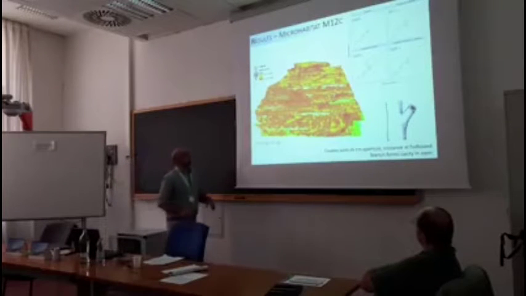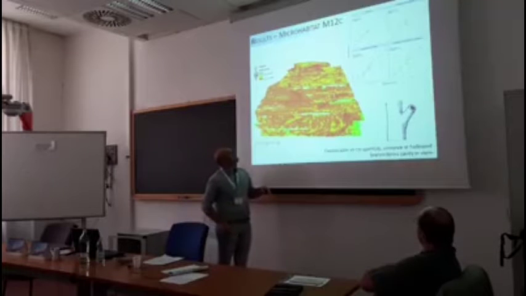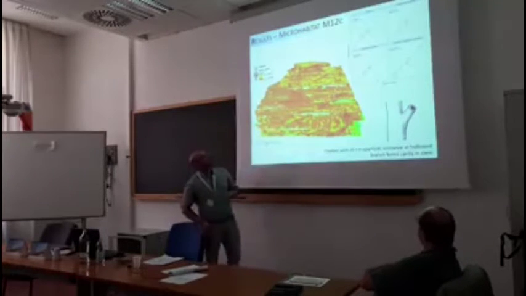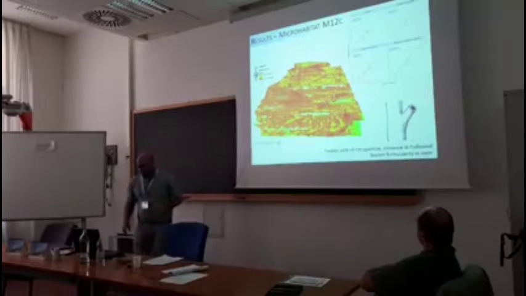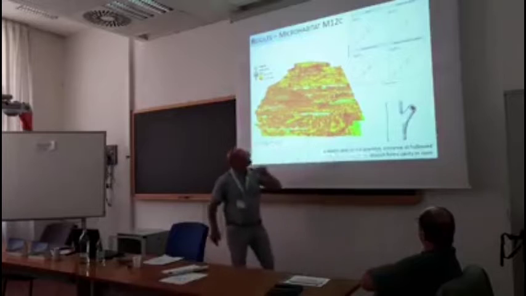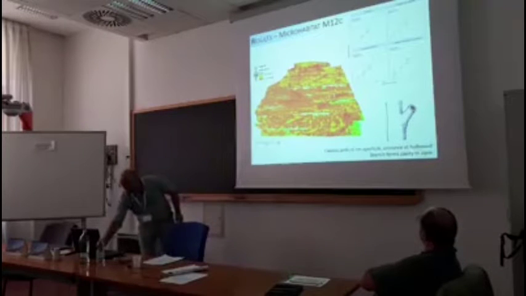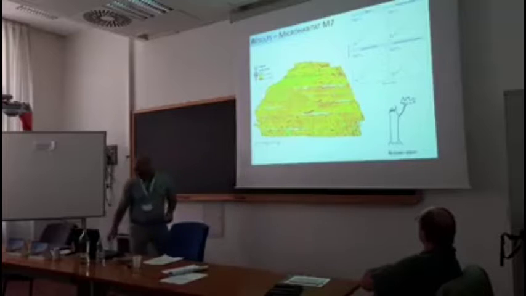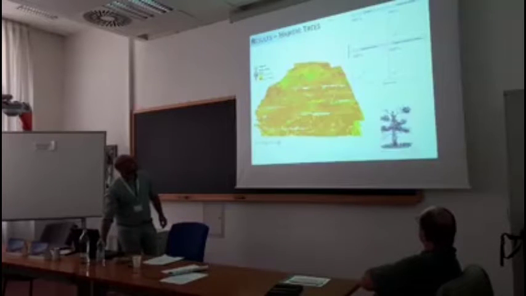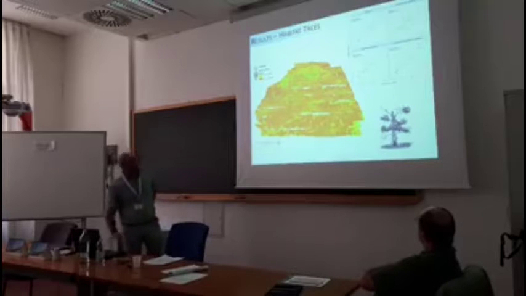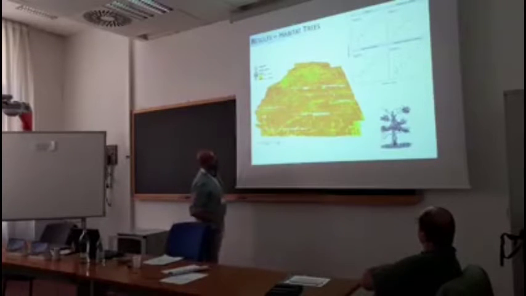And these are the maps that we produced. This is about the microhabitat M12C, cavity after hollow branch. This for M7. This is for the number of habitat trees.